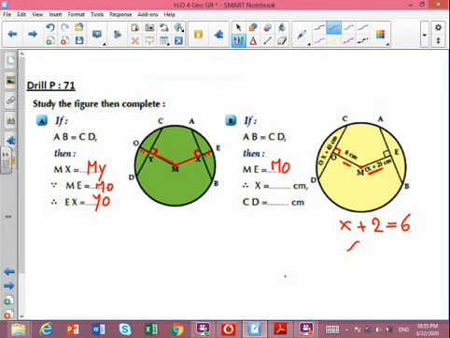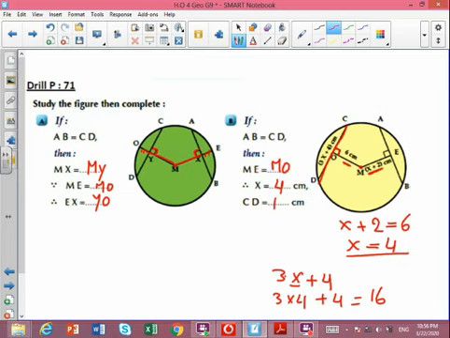So X will be 6 minus 2 equals 4. So X equals 4 centimeters. Okay, I want the length of CD. CD is 3x plus 4. I got X from this one, 4. So 3 times 4 is 12. 12 plus 4 equals 16. So the length of CD is 16 and also the length of AB is 16.